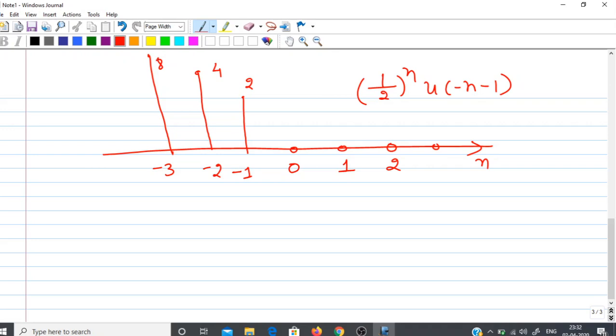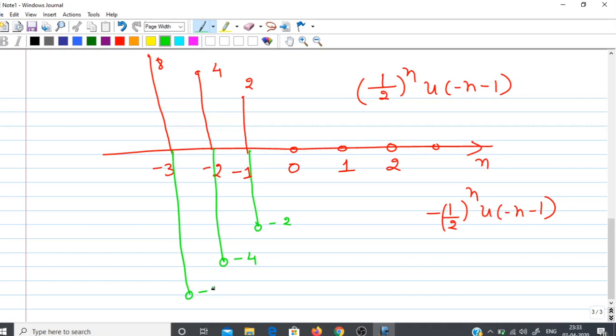Now, I have given you the sequence minus half to the power n u of minus n minus 1. So you will negate this sequence, and when you negate, these positive samples become negative. So this is now minus 2, this is now minus 4, and this is now minus 8.